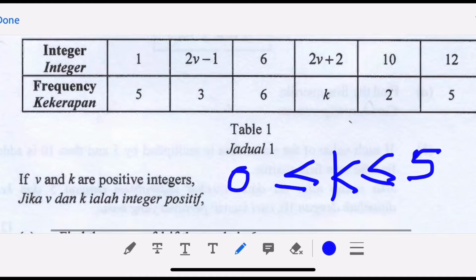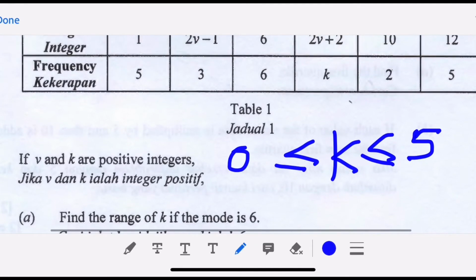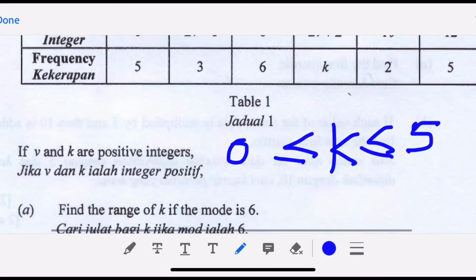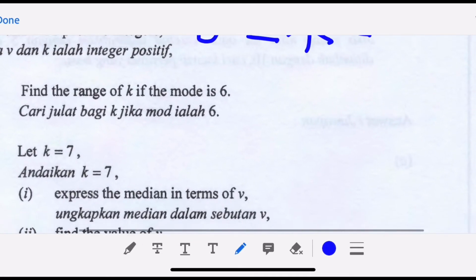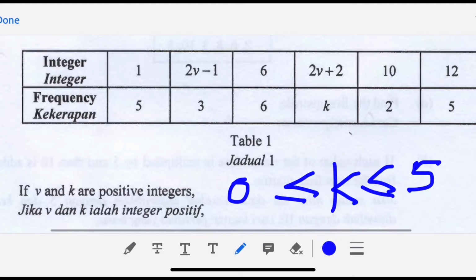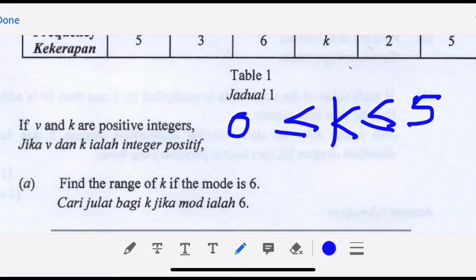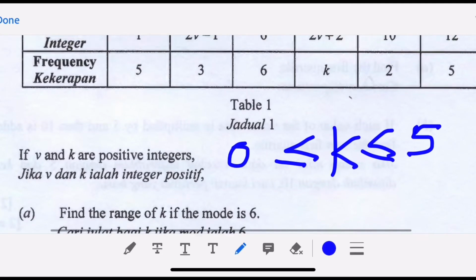Now the question is asking, if v and k are positive integers, to find the range of k if the mode is 6. So the mode is 6. That means k can start from 0, but cannot be 6, right?